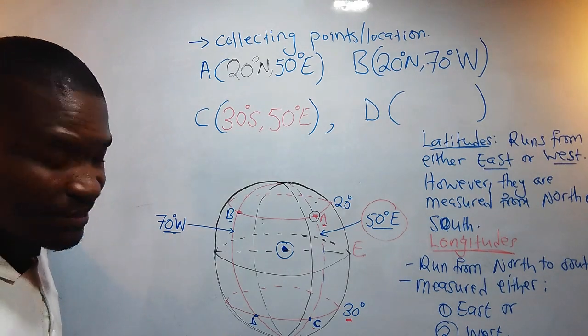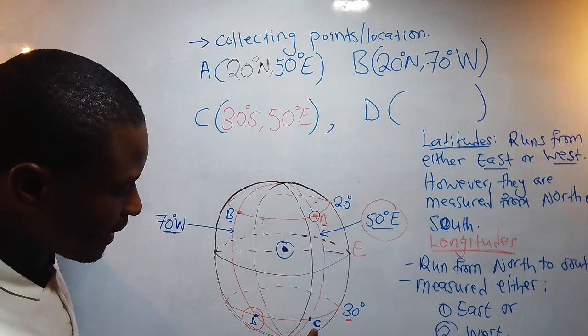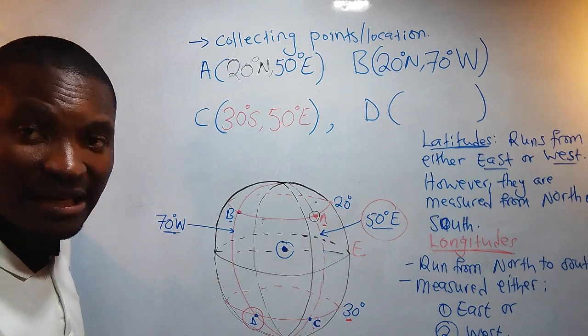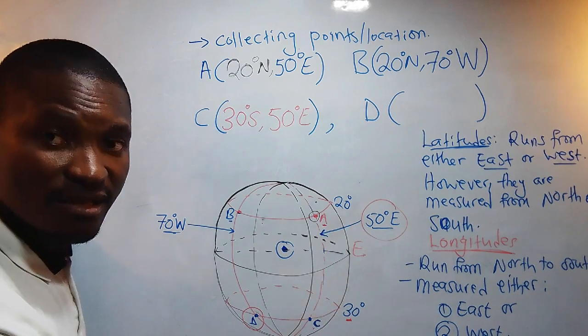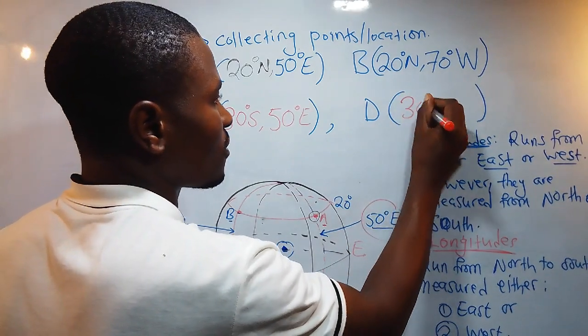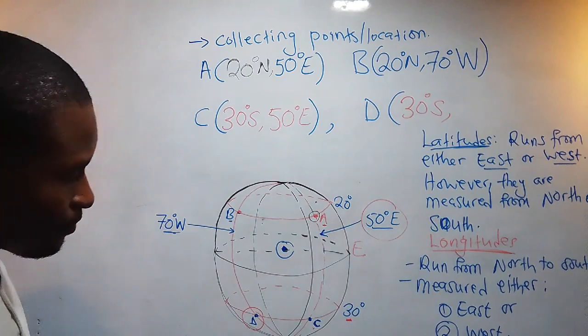Now, what about D? C and D are on the same latitude of 30 degrees south. So this is going to be 30 degrees south, then comma.